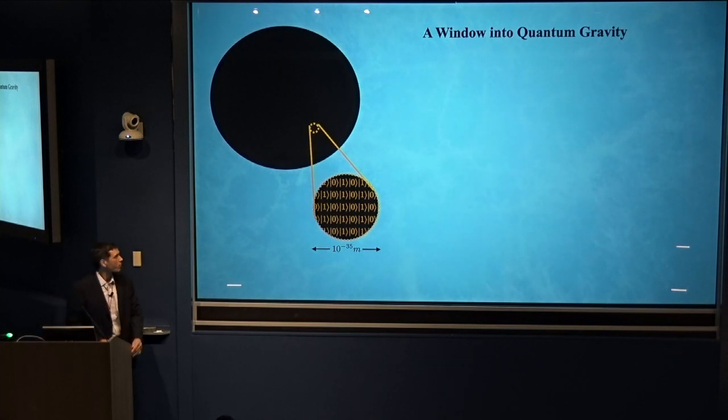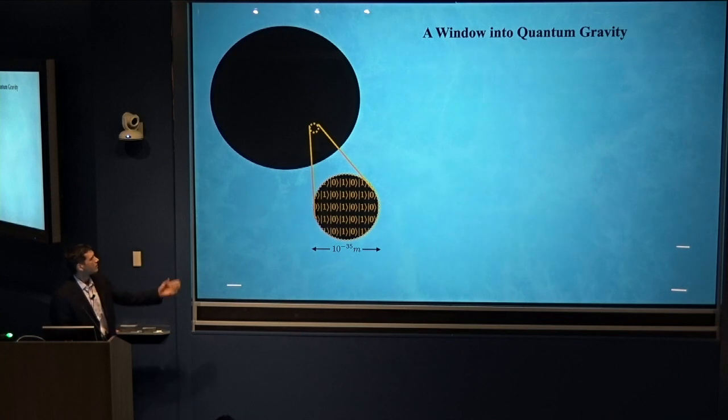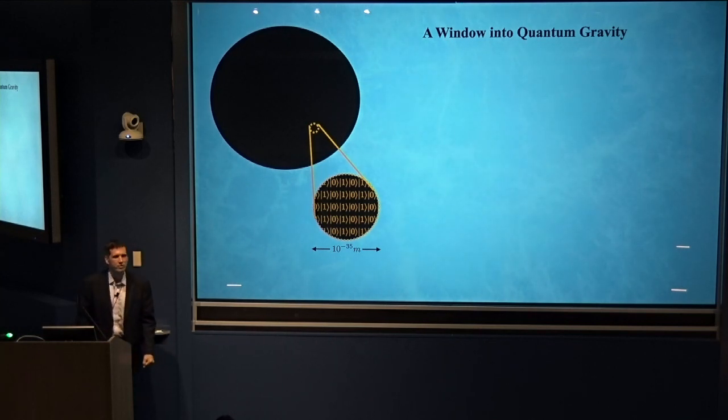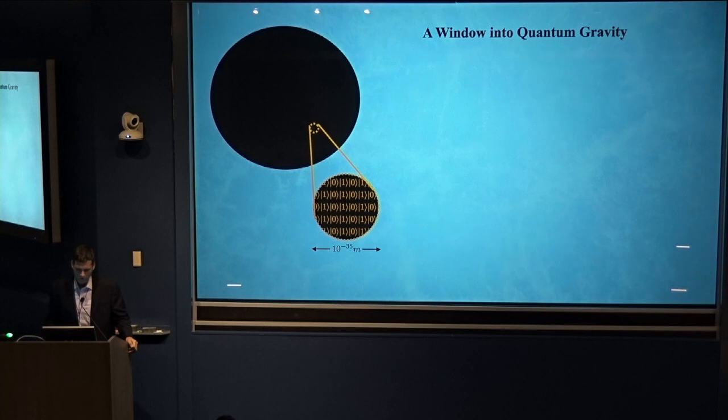And if we were able to zoom in to the Planck length, 10 to the minus 35 meters, we would see some structure there and some bits that are making up the black hole, some microscopic degrees of freedom. Those have to be quantum mechanical, which is what these symbols represent on the slide.